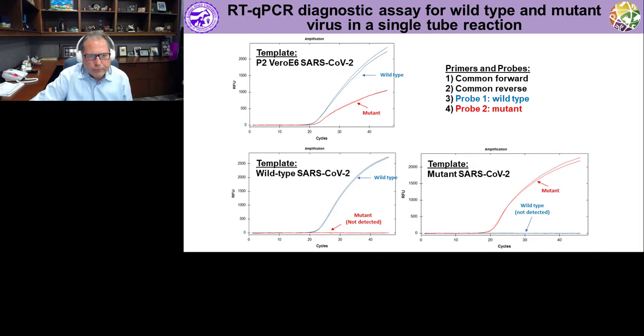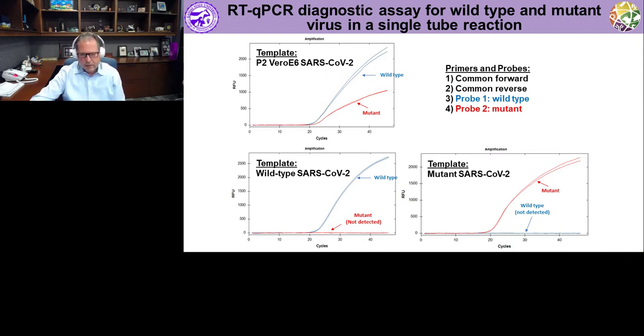We also developed right away a diagnostic test that's shown here, and we have a common forward and reverse primer, and then we have a wild type probe and a mutant probe. And as you see here, in a mixed population, it recognizes wild type in blue and mutant virus in red. If we have plaque purified wild type, it only recognizes the wild type virus.